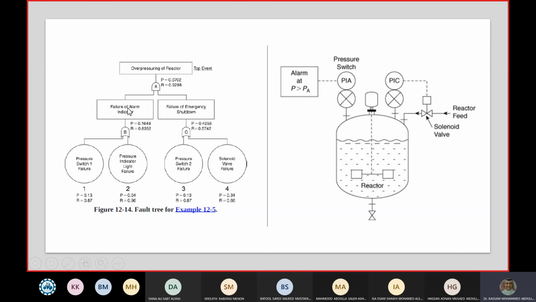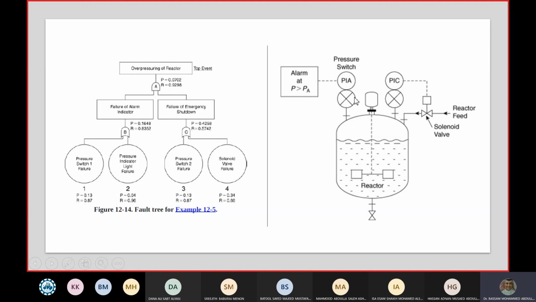Now, if you have both of them, which is an AND in this case, the next step is to ask ourselves, why the alarm indicator will fail? The alarm indicator will fail because of one of those reasons, either because the pressure switch fails, or the light indicator fails.